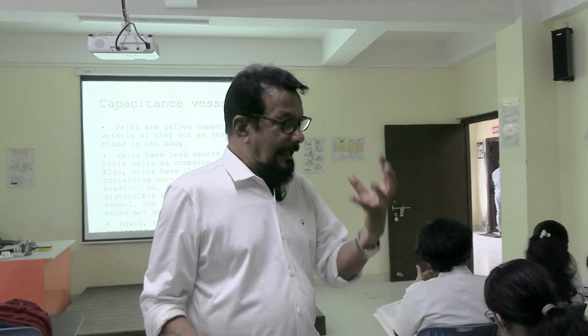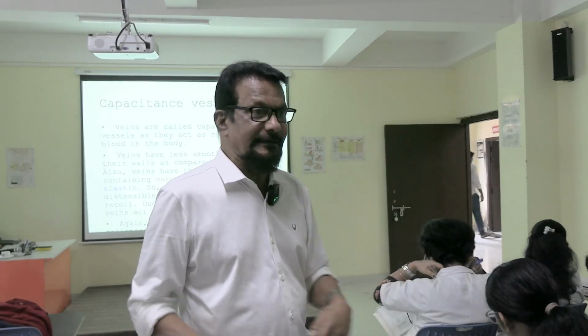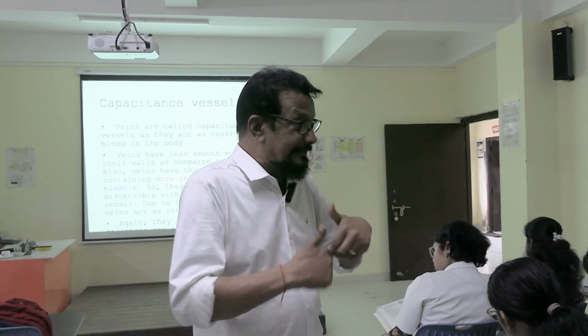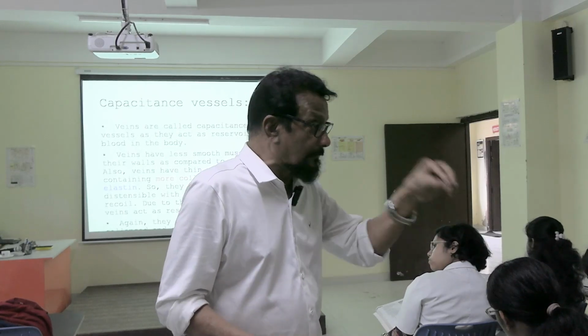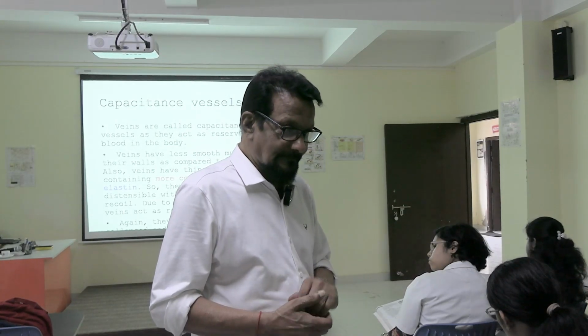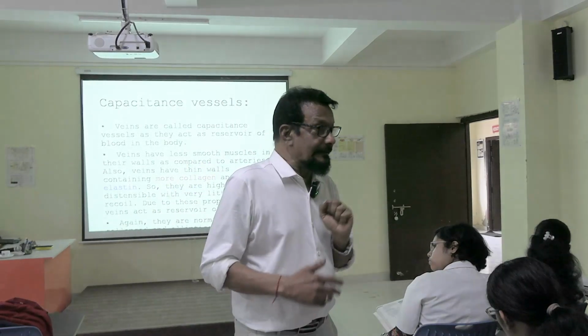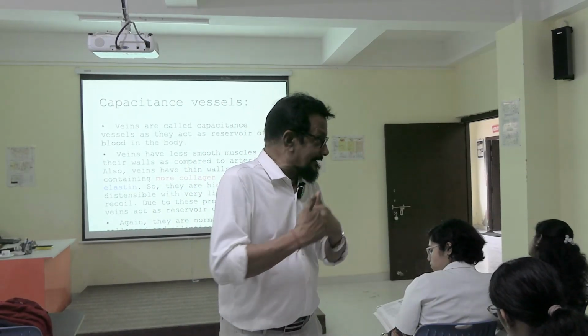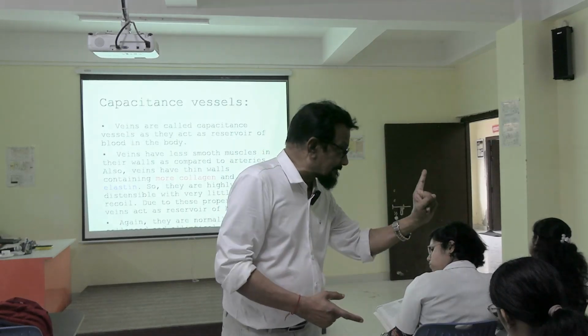And every minute, this blood is circulating throughout my body. How much blood is circulating throughout my body in 1 minute? What is cardiac output? The amount of blood ejected into the circulation in 1 minute.